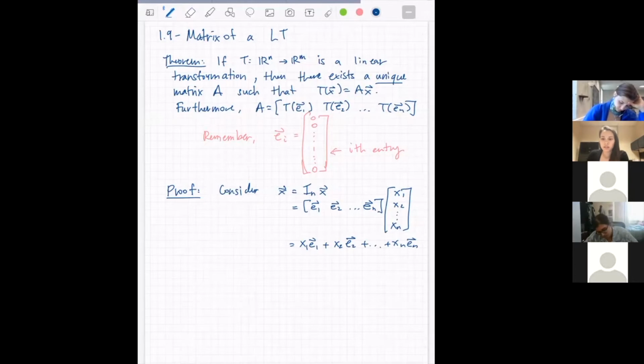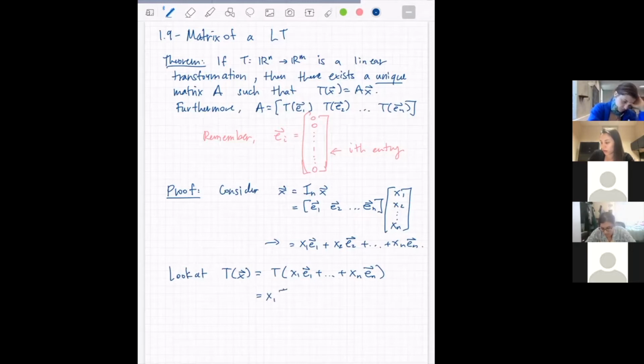And then, having done this expanding out, we look at T applied to x. Now we know that we can rewrite x in this way that we just did, so we plug that in: x1 times e1 up to xn times en. Then we can use the fact that T is a linear transformation. That means we can split this into T applied to each of these vectors, and we can pull out those scalars x1 up to xn.